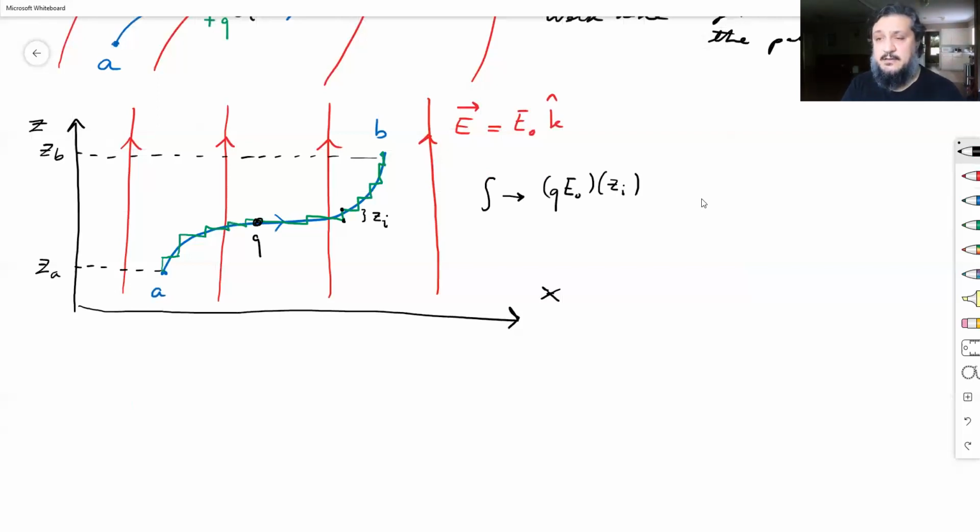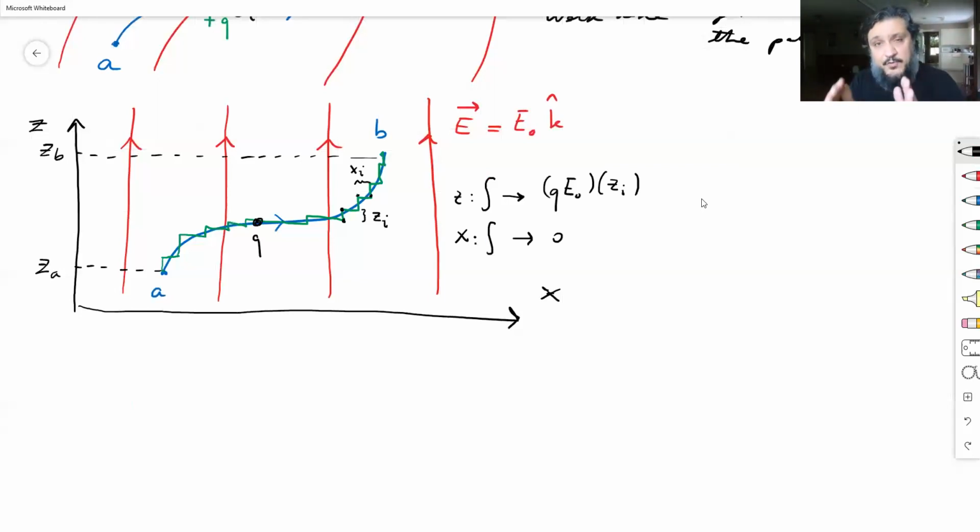zi. But whenever I move in the horizontal direction, so if I go from here to there, that would be xi. The integral will be 0 for all x's like this. For z's, I simply multiply the up movement by the force. So consider all these up motions: 1, 2, 3, 4, 5, 6. You may have as many as you want if you prefer small increments.